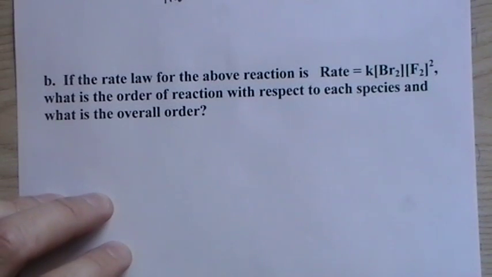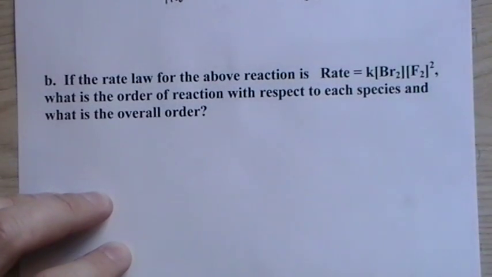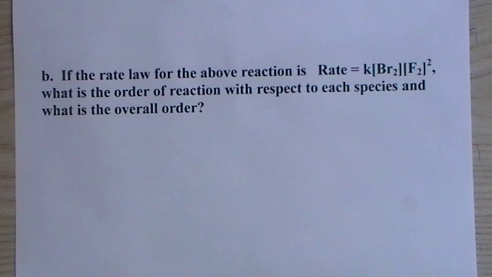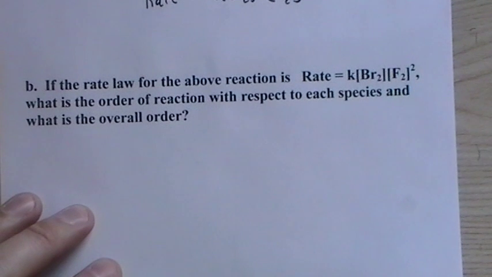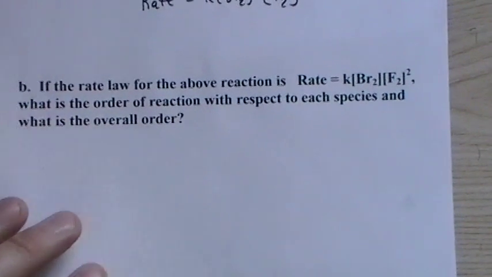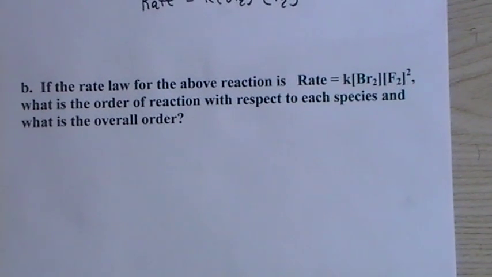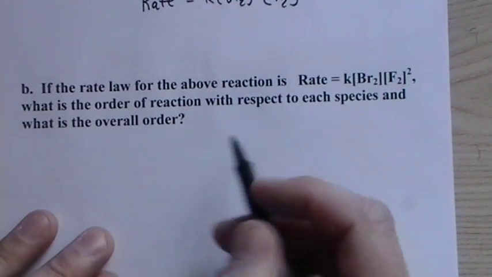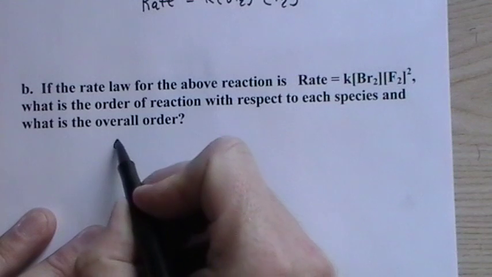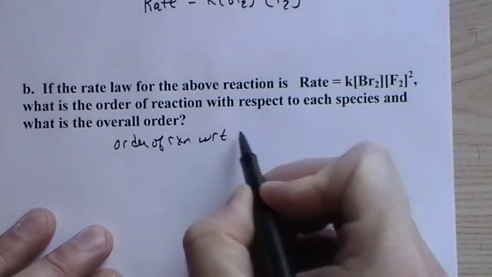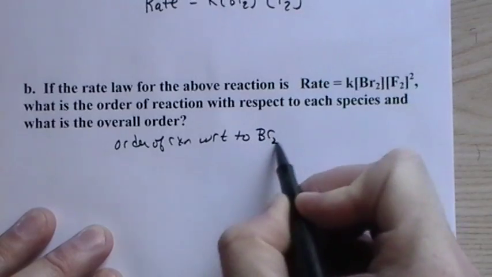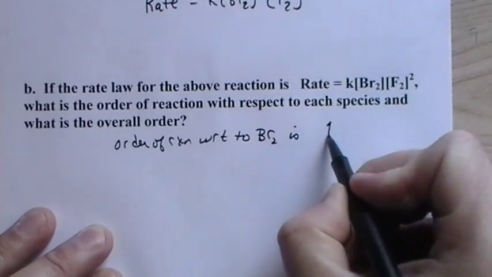The rate law for the above reaction is this. So I'm saying, well, what if it happened to be where the exponent for bromine was 1 and the exponent for fluorine was 2? What is the order of reaction with respect to each species? And what is the overall order? So the order of reaction with respect to bromine is 1.